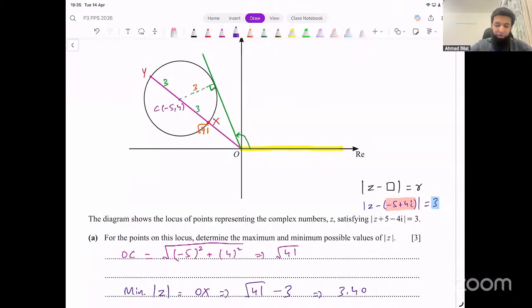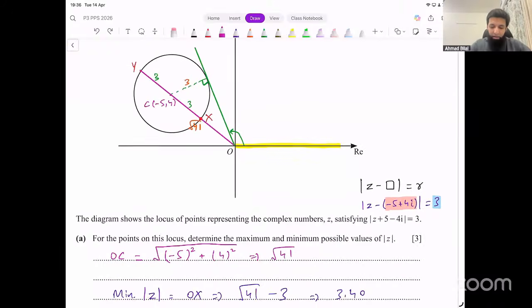Using that, what we can do now is figure out this angle. If we can find this angle, is that going to help? Then we can find this angle as well and subtract that from pi. That's the plan. What we can do first is find this angle inside the right angle triangle.